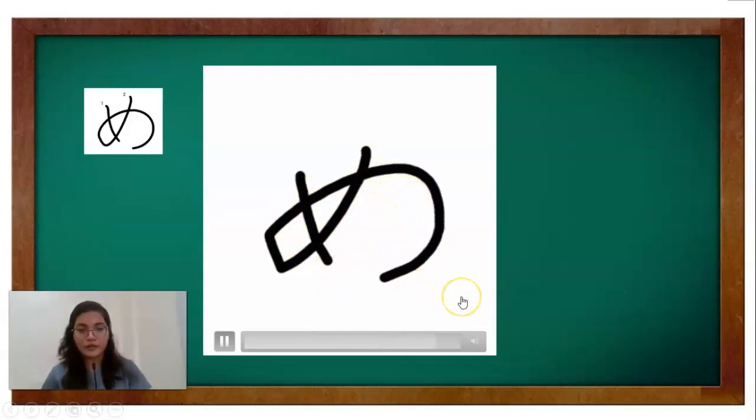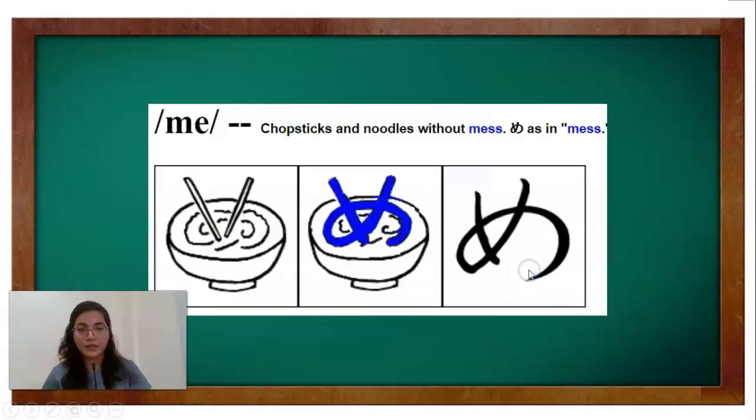Okay, and to easily think of this character, just think of the word mess. So, me as in mess.